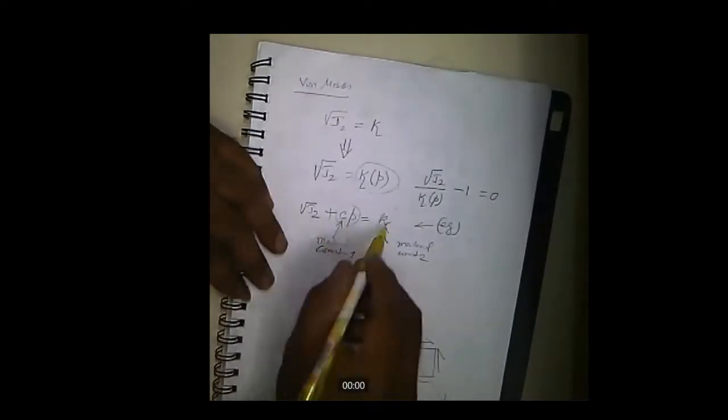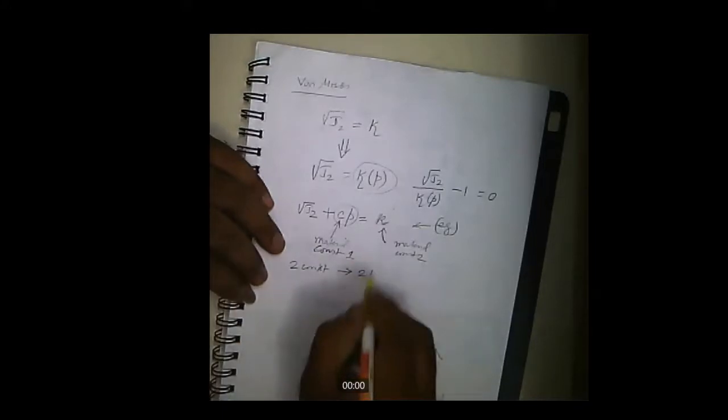If I do that, I will have two constants that I have to find out. To find out two constants, how many tests should I do? I need to do at least two tests, so that I'll get two values. Two tests of different conditions so that I can find out the two constants.